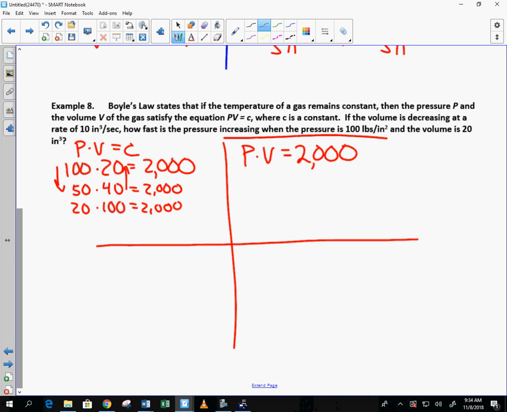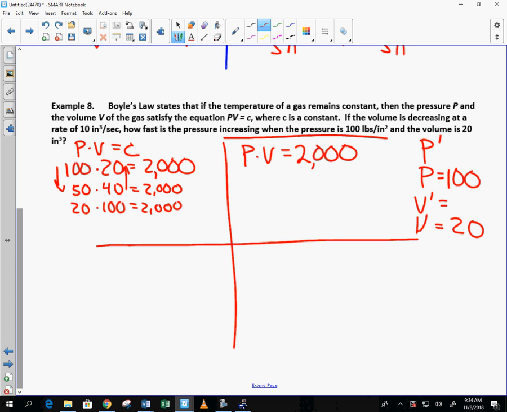Is the pressure changing? Yep, so we have P prime. What is the current pressure? 100. Is the volume changing? Yes. What's the current volume? 20.